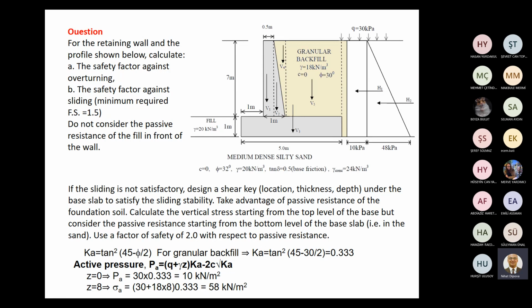Let us start with calculation of PA. Of course, before this, we need to determine the coefficient of active earth pressure, and it's dependent on internal friction angle, using 30 degree. It's equal to 0.333.